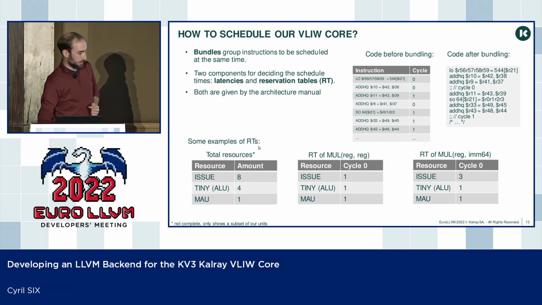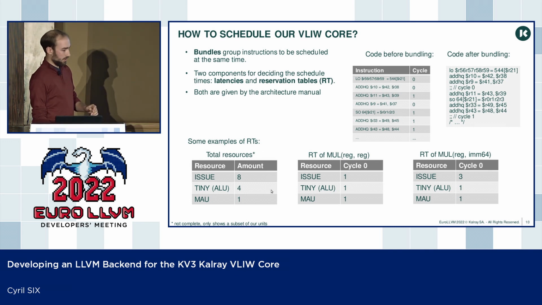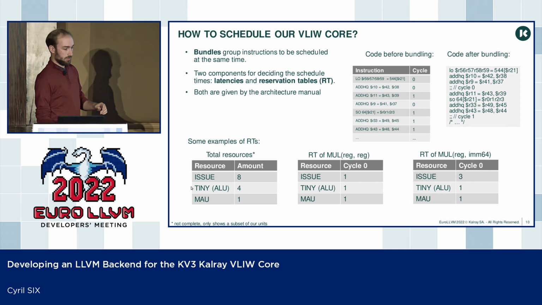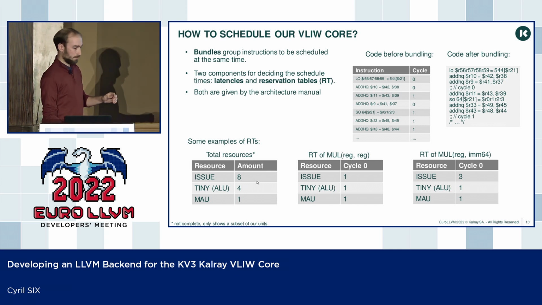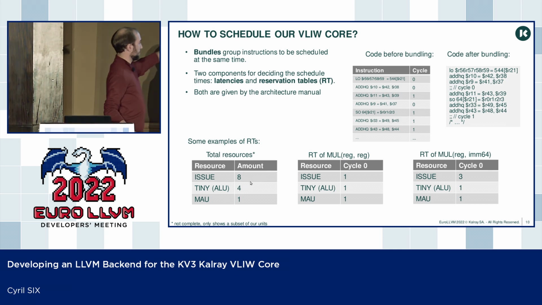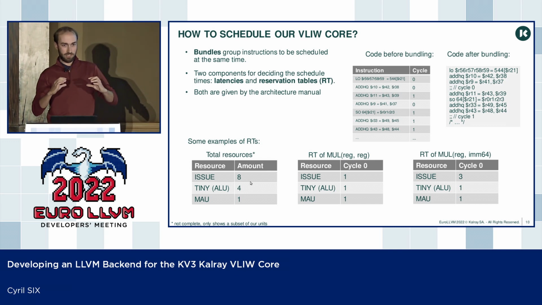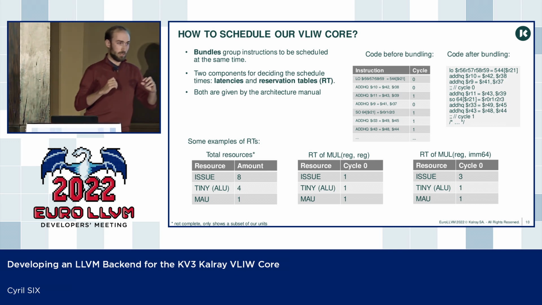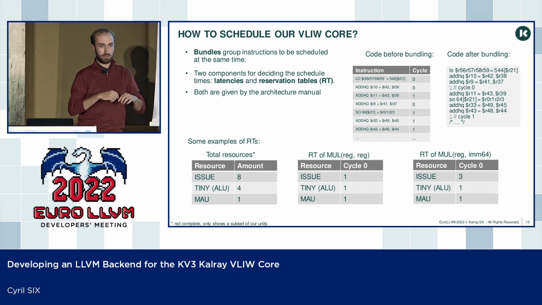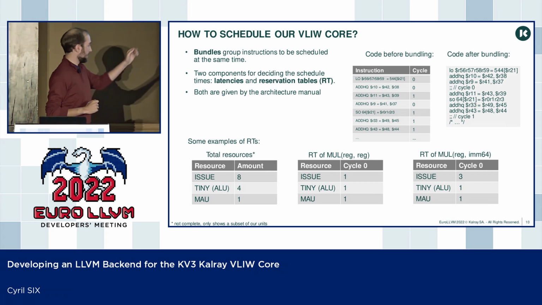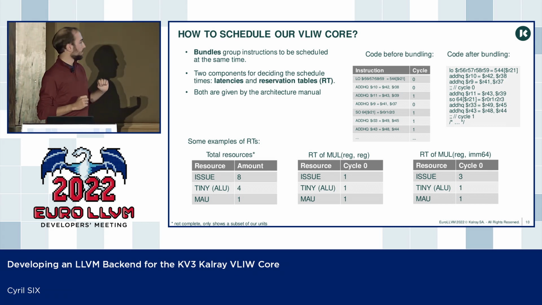Some examples of reservation tables. In the architecture manual, we know the total amount of resources that we have. Here, the issue resources count the syllables in the bundle. A bundle is maximum 8 syllables of 42 bits. So that's the 8 that you see here.